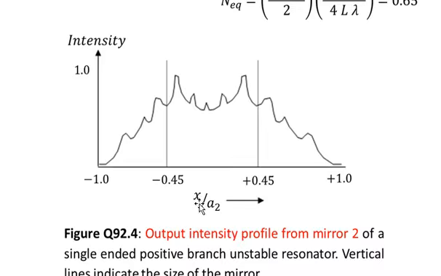So you see that here we are plotting x in terms of A2. The minimum value is -1 and the maximum value is +1. It means x has a minimum value of -A2 and a maximum value of +A2. That total dimension of 2A2 is actually the dimension of the mirror. So we are talking about this.